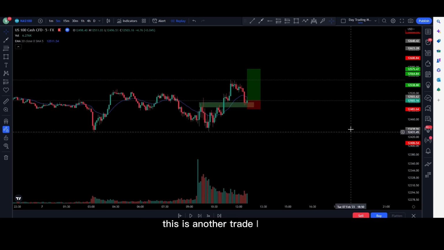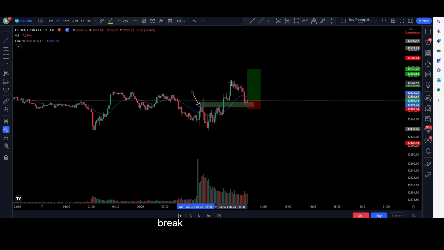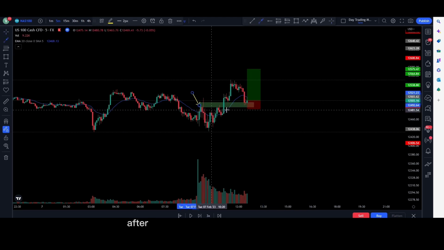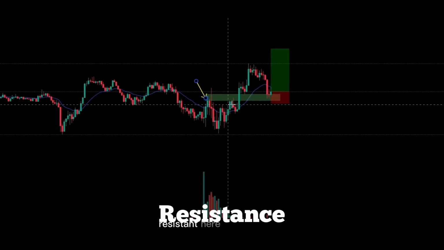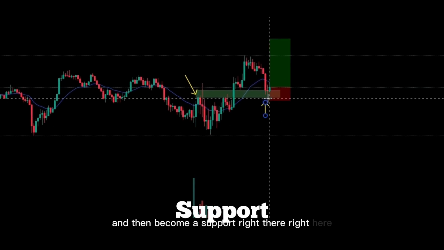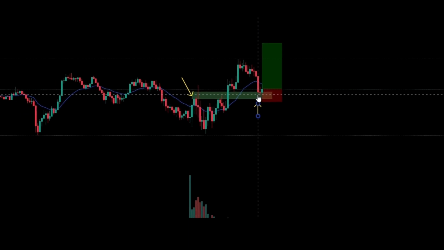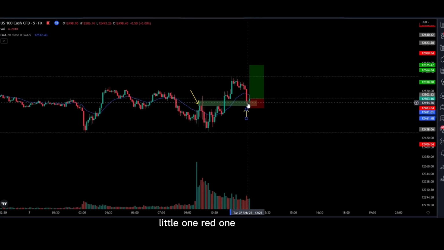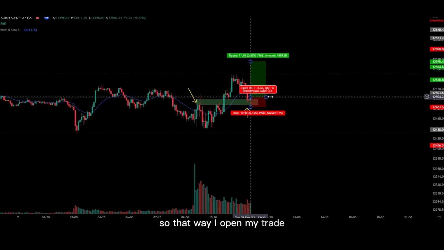Let me show you more. This is another trade I took. The market breaks out and then pulls back. After I see the pullback from the resistance here, which then becomes support right here, and then I see this little red candlestick right there and then the green one after that, that's where I open my trade.